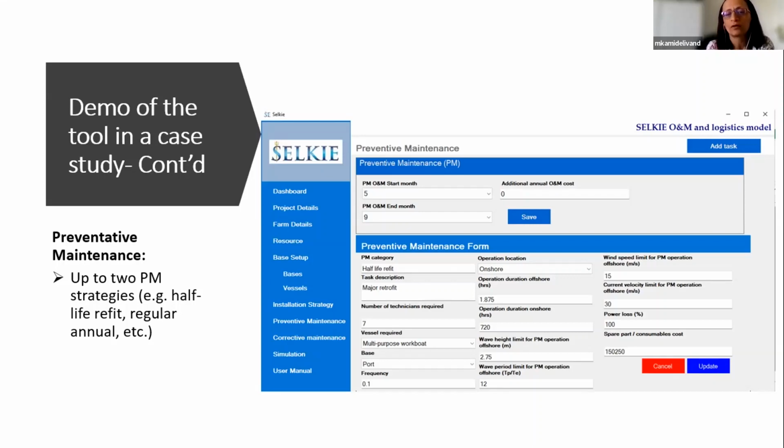So the users can add tasks for this preventative maintenance. And here, again, if there are any other operation and maintenance costs with respect to preventative maintenance that have not been modeled, the user can add a fixed rate and estimate according to what they want in this tab.